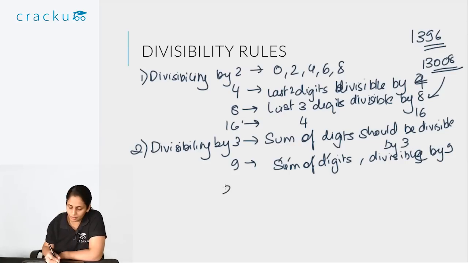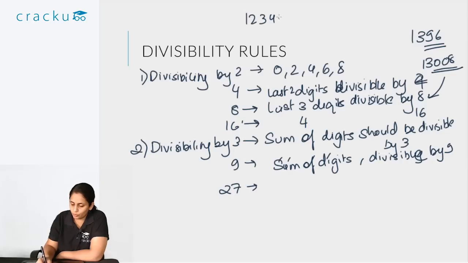For 27, instead of taking the sum of digits, you have to take the sum of blocks of 3 taken from right to left. Suppose the number is 1, 2, 3, 4, 5, 6, 7, 8, 9 and 0. Then the blocks of 3 are 890, 567, 234 and then the last is 1.